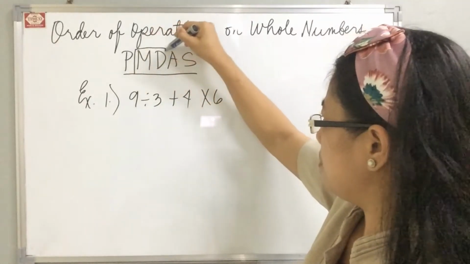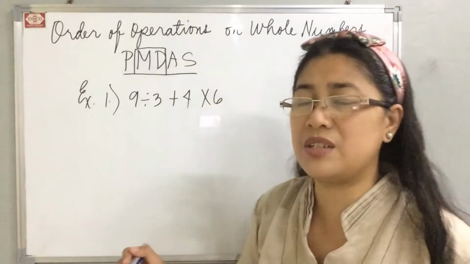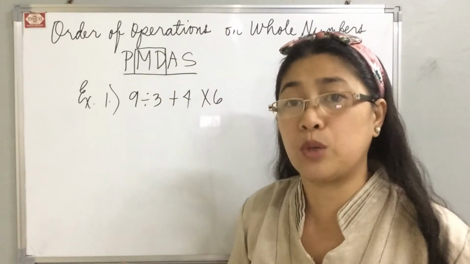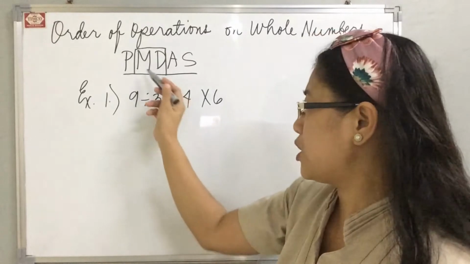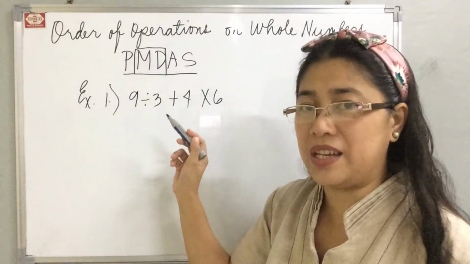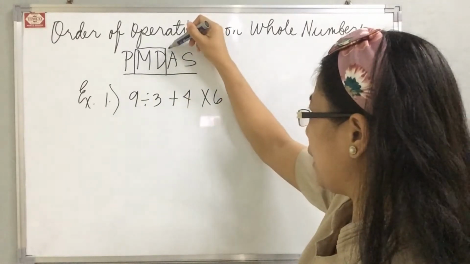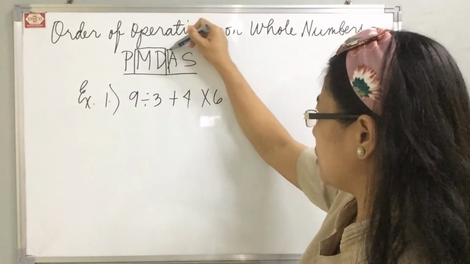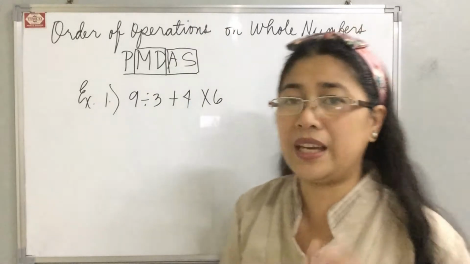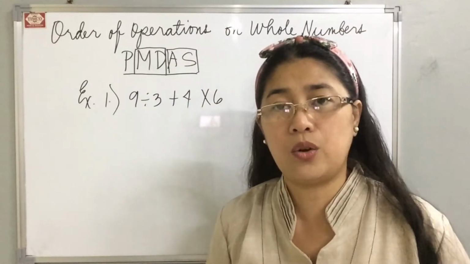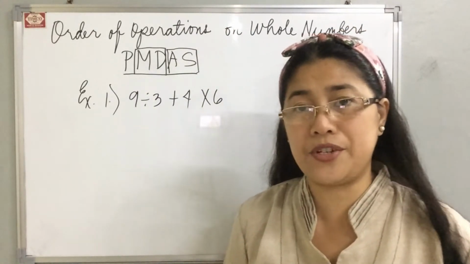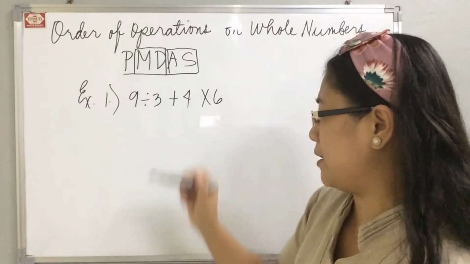MD here doesn't necessarily mean you are going to solve multiplication first. This one can be interchanged, whichever comes first. And also with addition and subtraction. So, we have this one.